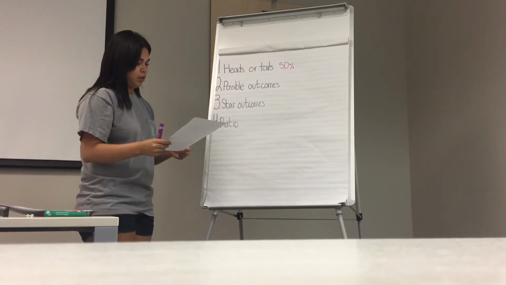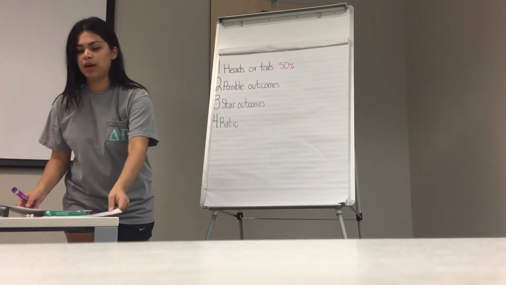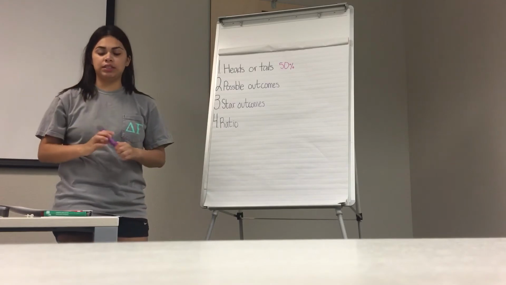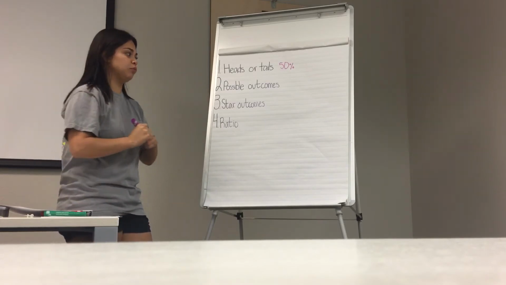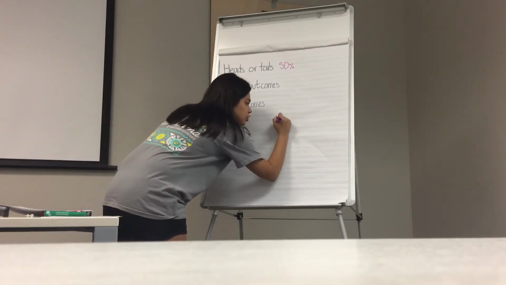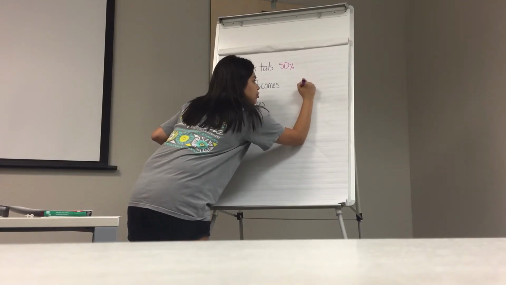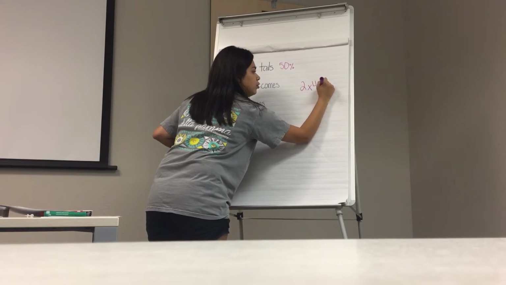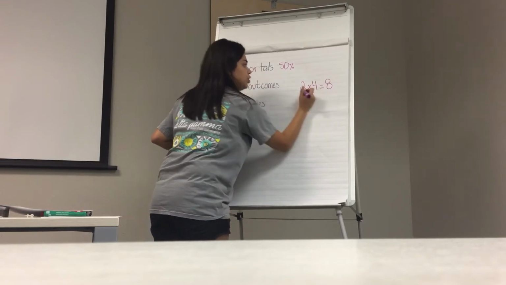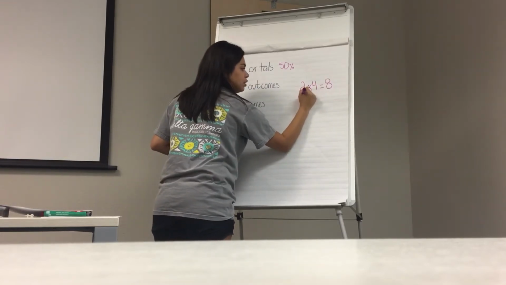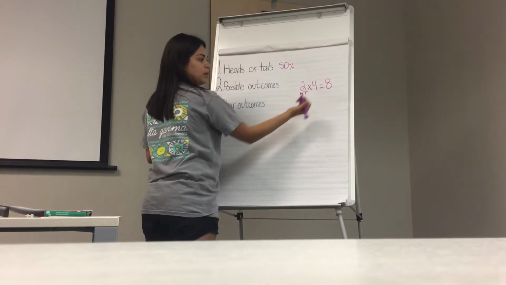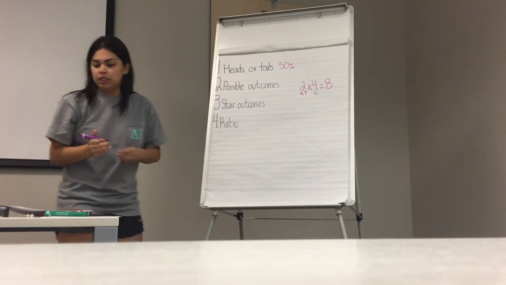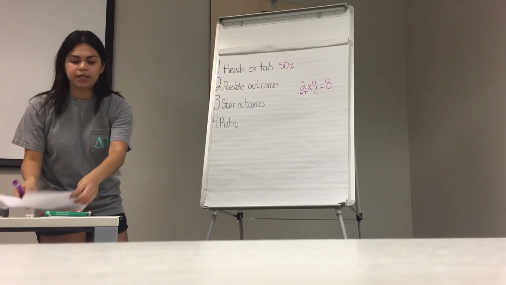So we're going to list out all the possible outcomes, and a cool little trick to know when to stop listing outcomes is if you multiply 2 times 4, it equals 8. The 2 comes from the heads or tails, and the 4 comes from the coins. Let's see for coins. So we're going to list them together.